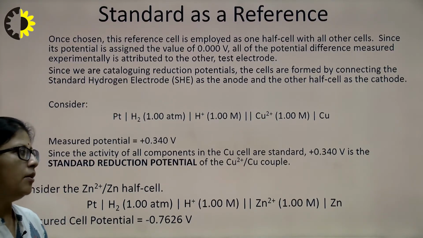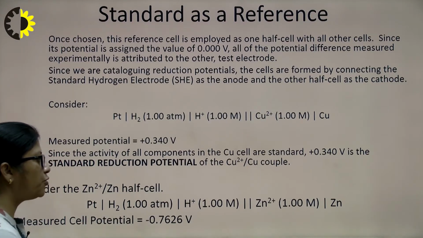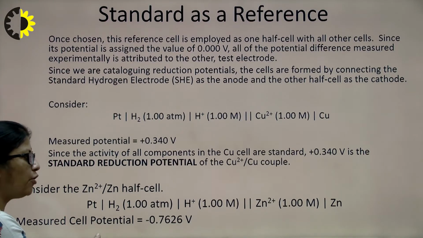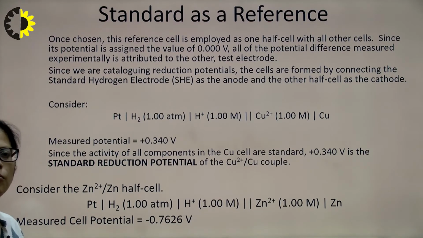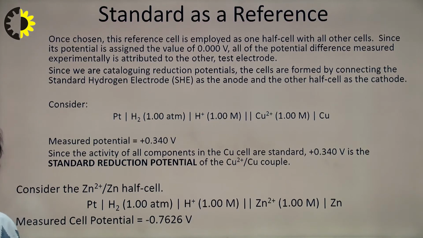Now, we can take another example, the zinc half cell. I have again connected my zinc half cell to the standard hydrogen electrode, and in this case the measured cell potential comes out to be minus 0.7626 volts. So, this is the standard reduction potential for my zinc half cell.